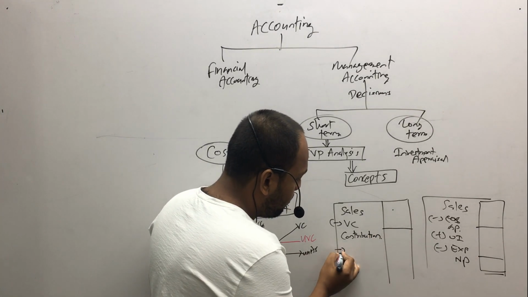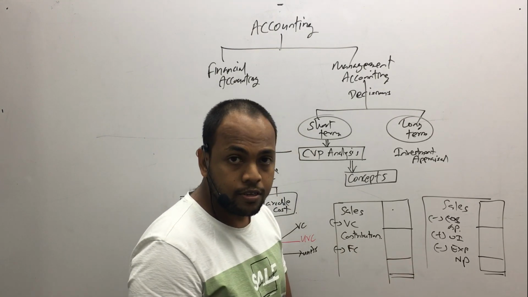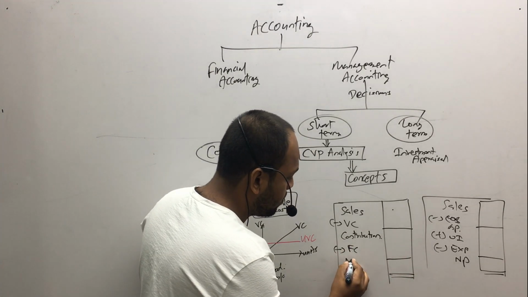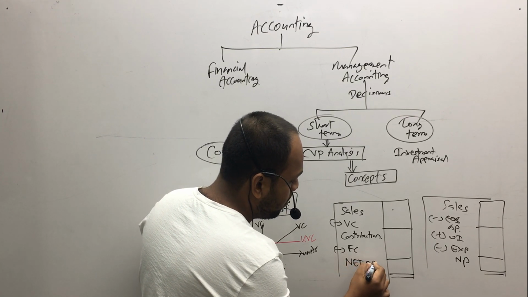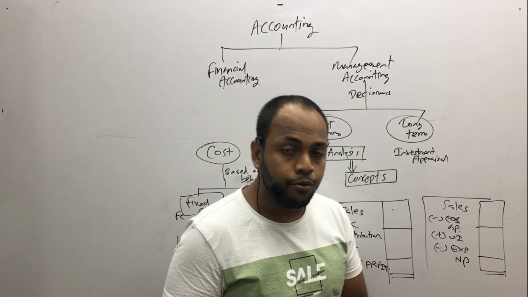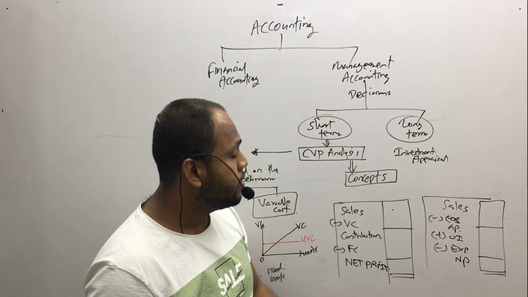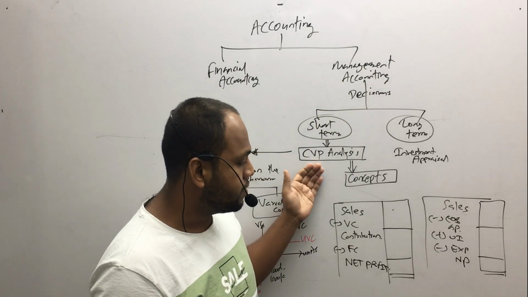From the contribution we deduct the total fixed cost. Then the answer will be the profit. This is the statement we use to calculate the profit in CVP analysis, or marginal costing.